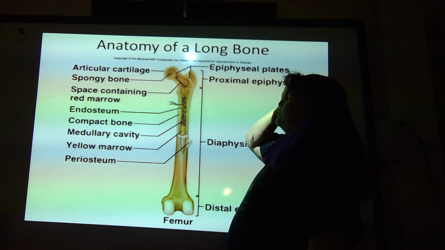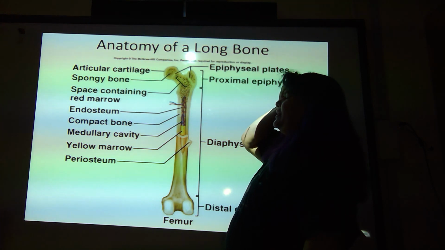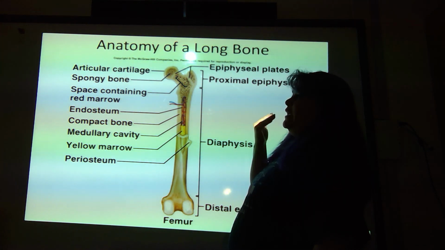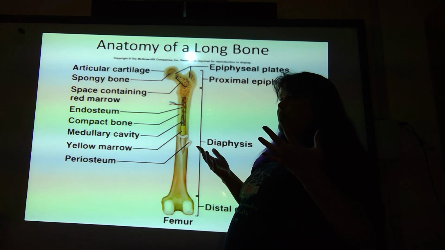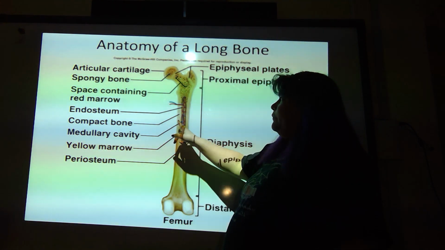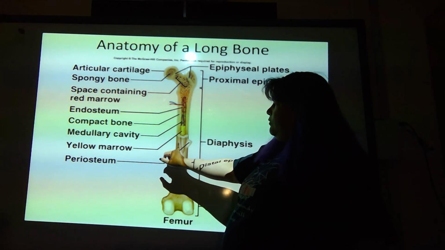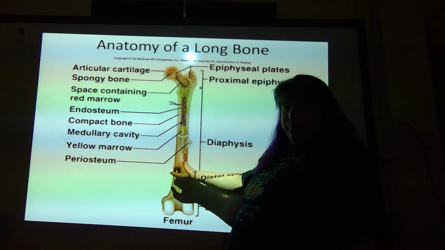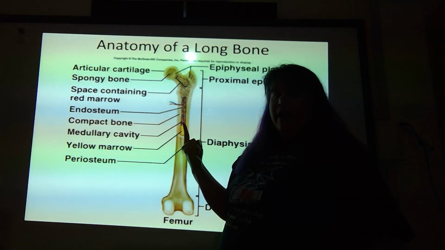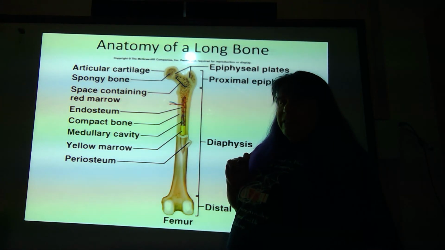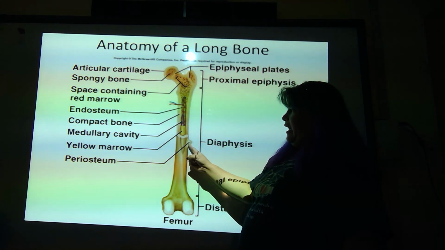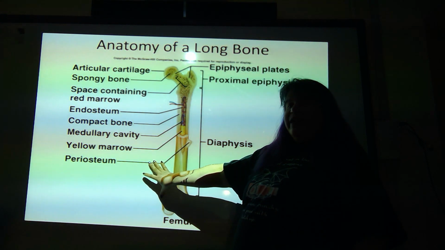Now, bone has to have something covering it. You can't just leave it the way that it is and expect it to do well. So inside, there is a lining, and outside, there is another lining. Peri means around. Osteo means bone. So around the outside of the bone, you have the periosteum.